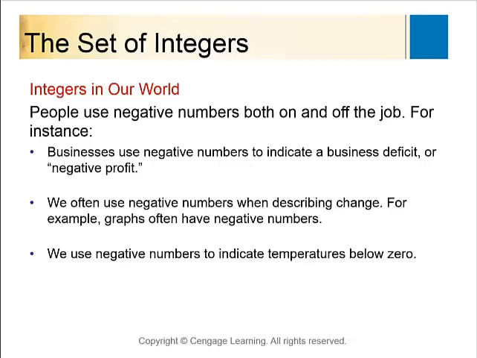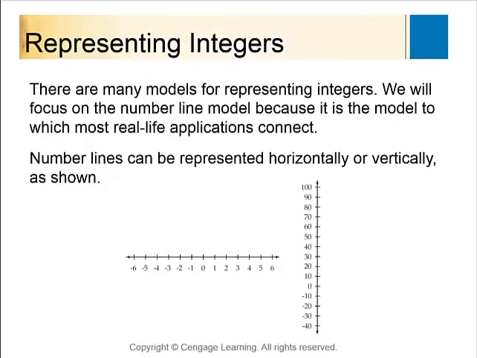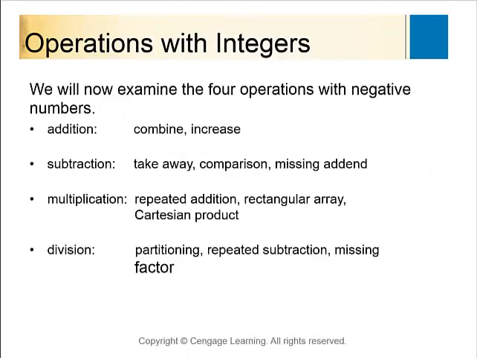Integers can be represented with vertical or horizontal methods, such as our XY plane that we typically graph on. Here are the different operations that we can use for integers and the different methods that we can use to teach these.